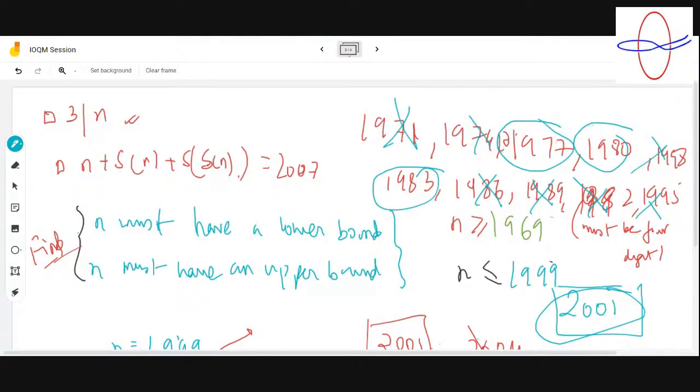No, because it contains all the possible largest values: 1, 9, and 9. The 6 is the only variable. If you decrease the 6, essentially the sum will be decreasing, right? So if you take any number less than 1969, the sum will be less than the sum of 1969. And for n equal to 1969, the expression is less than 2007. So for any number less than 1969, the expression must be less than 2007. Therefore, it must be greater than that. All of you understood this, guys?